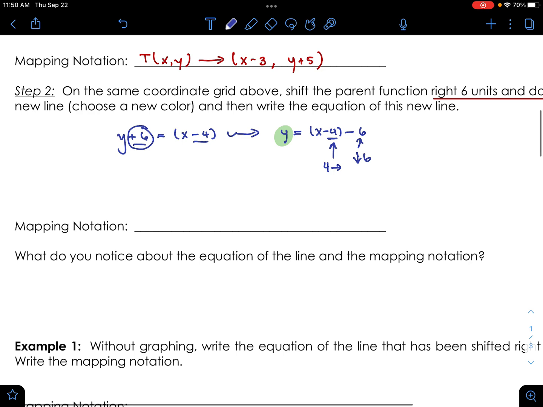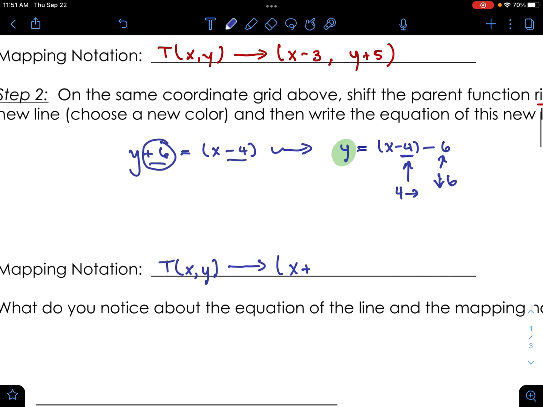Now your mapping notation, again, is telling you exactly how to move from the xy points on your original function to the xy points on your new function. And so in this case, you would have the xy points from your original mapping to x plus 4, because you're adding 4, you're moving 4, or I wrote that wrong. 1 second.